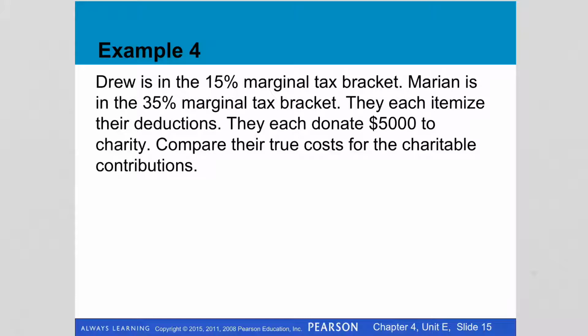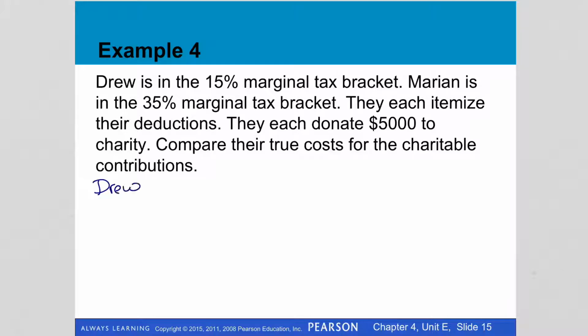So the next example says Drew is in the 15% marginal tax bracket. Marion is in the 35% tax bracket. They each itemize their deductions. They each donate $5,000 to charity. Compare their true costs for the charitable contribution.